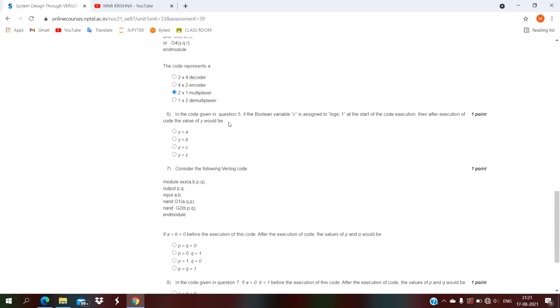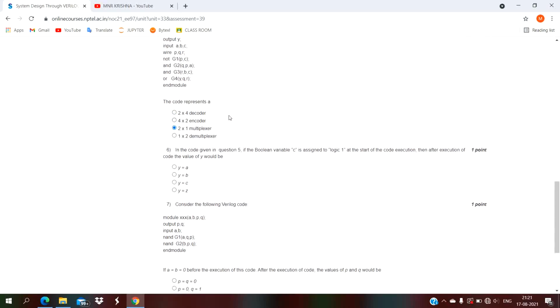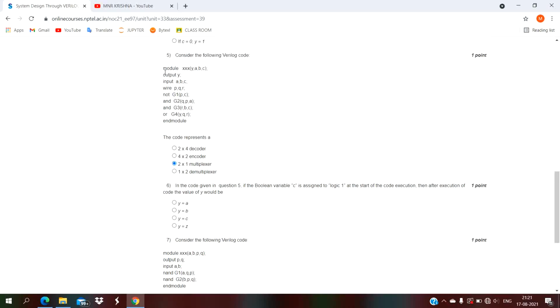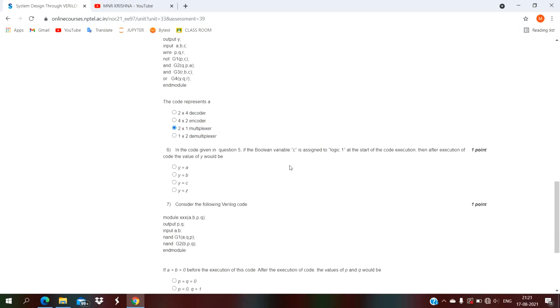In the code given in question 5, the same code is used in this question also. The Boolean variable C is assigned to logic 1. Here it is code for a 2 by 1 multiplexer with enable, with control signal. C is assigned to logic 1. So here we applied C as 1 at the start of the code execution.